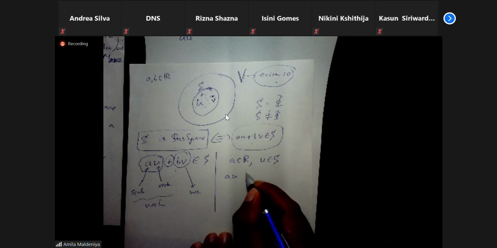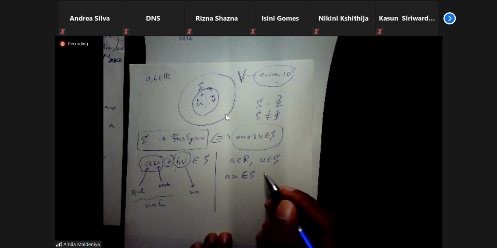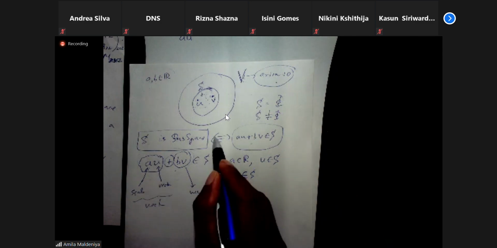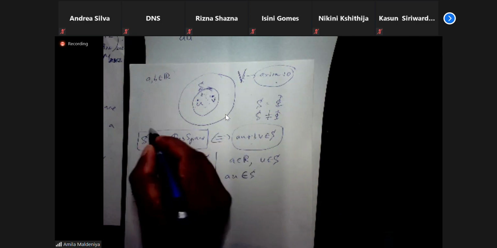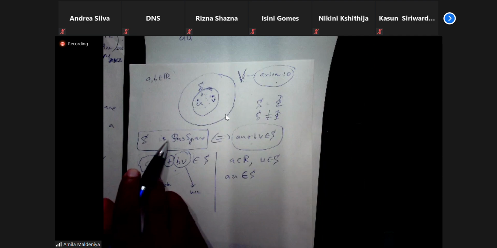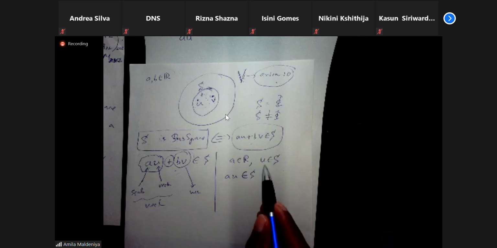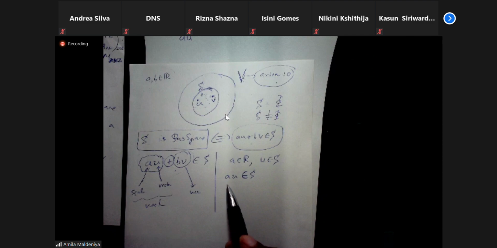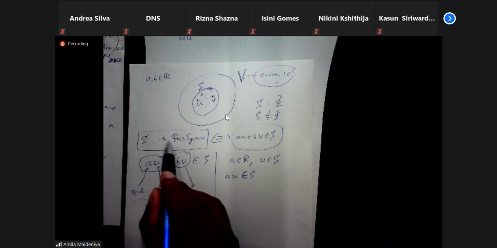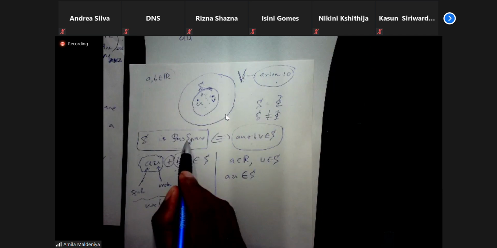Can we say this belongs to S? And remember, we are assuming we are on this direction. So that means we are assuming S is a subspace. If S is a subspace, if you take any real number and U, can you say AU is in S? Yes, that's right. Because if S is a subspace, it means it is a vector space.